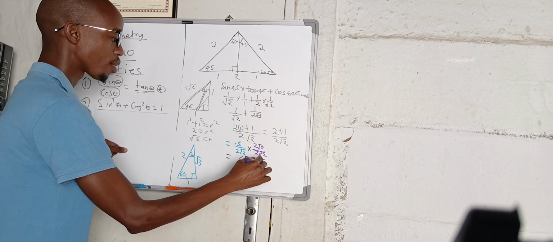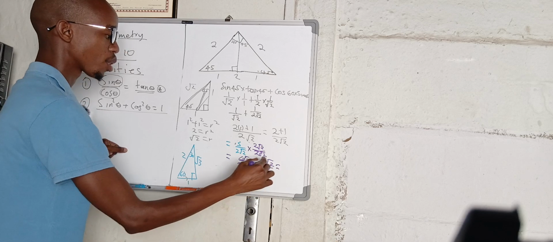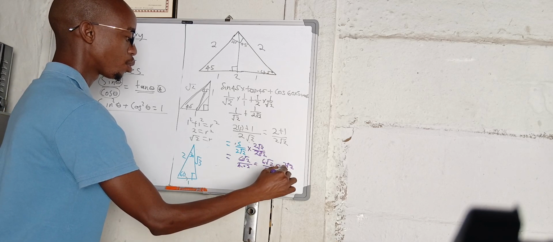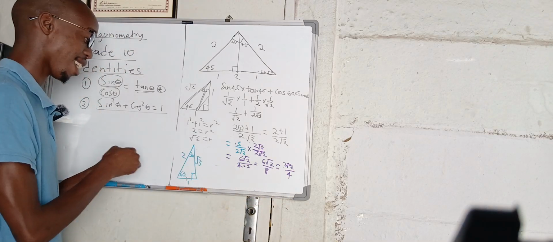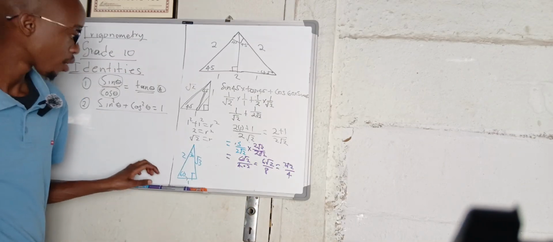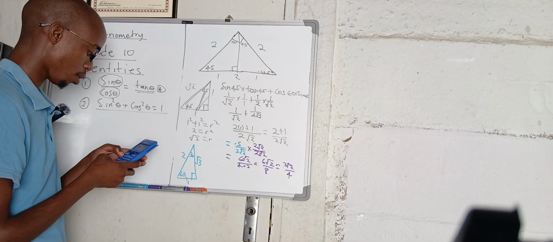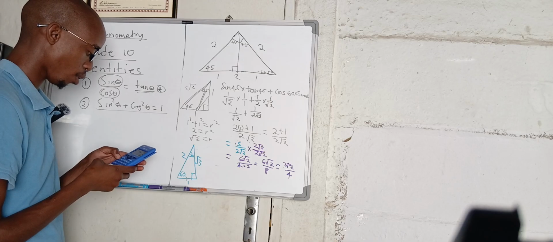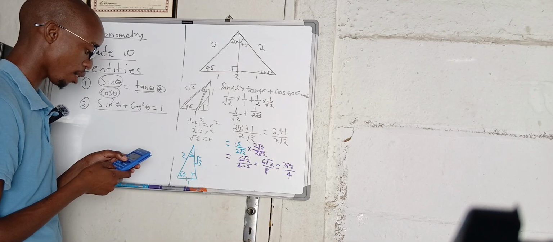So we'll end up having 6 root 2 all over 8, which is going to give us 3 root 2 all over 4. Let's check if the answers are the same. 3 root 2 over 4 and then 3 all over 2 root 2. Yes, they are the same.